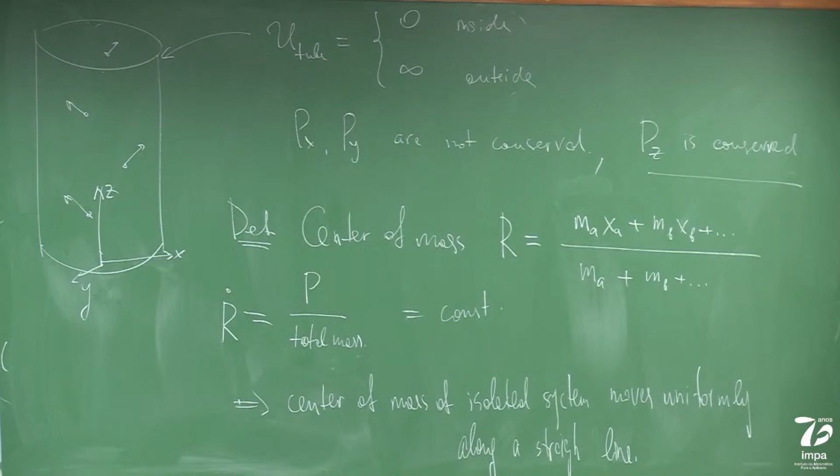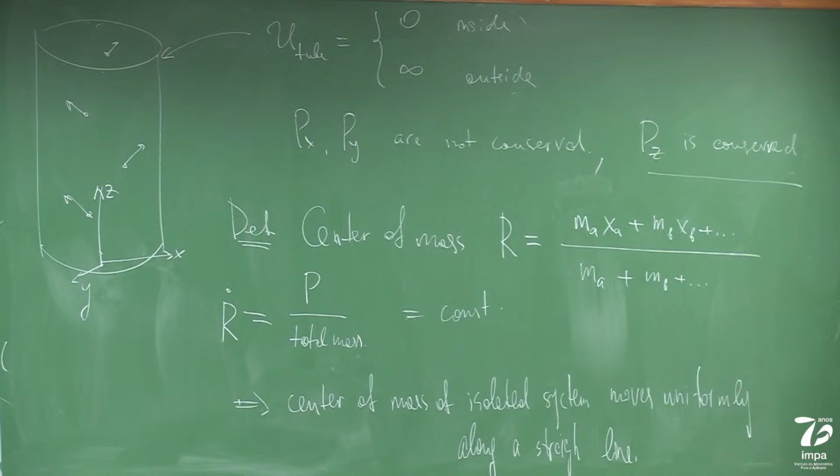So let's see the second example. The second example is related to the second type of transformation in the Galilean group, which is rotation.